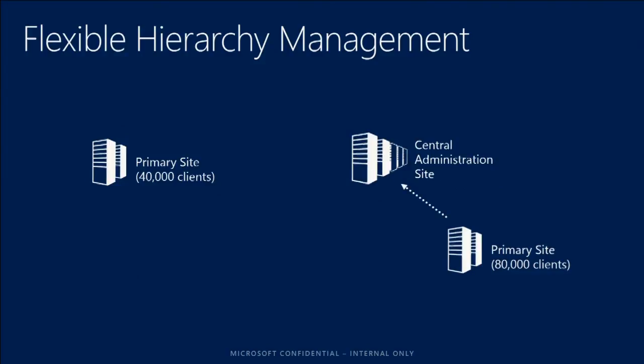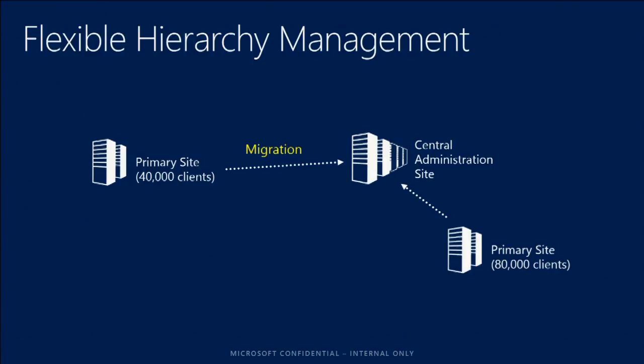What I mean by brand new is you just have a normal server, you run the Config Manager server setup, you pick it to be a central administration site, and during that setup experience is where we ask you, do you wish to attach a primary site to this hierarchy? So that's what I mean by a fresh install. You can't take a running site, it has to be part of a normal fresh install. Once that happens, you've bound that 800,000 client site to this new fresh central administration site, and that hierarchy is working by itself.